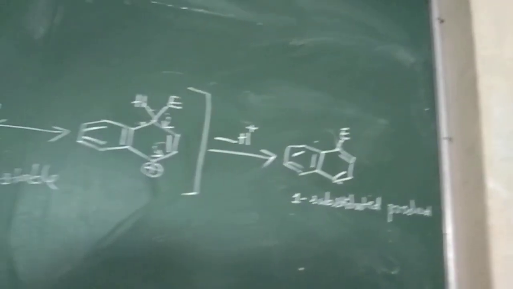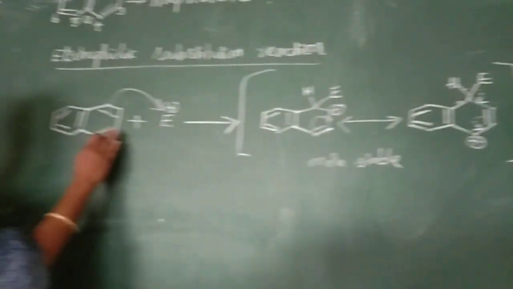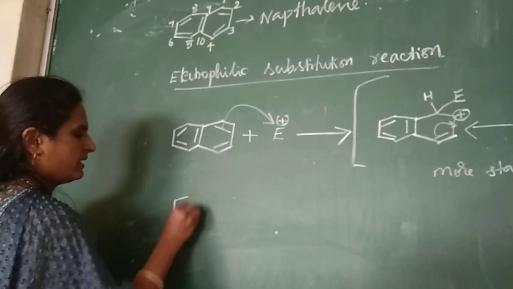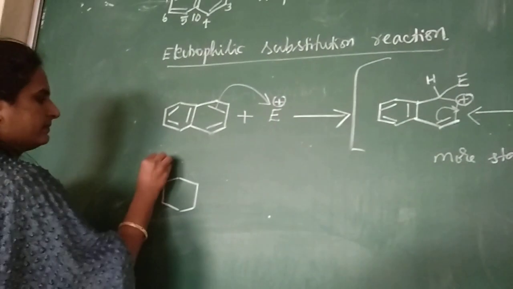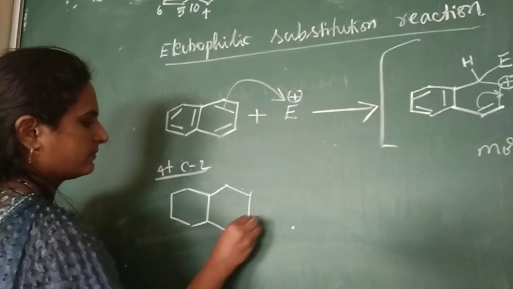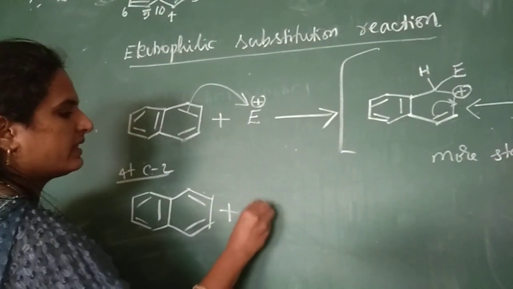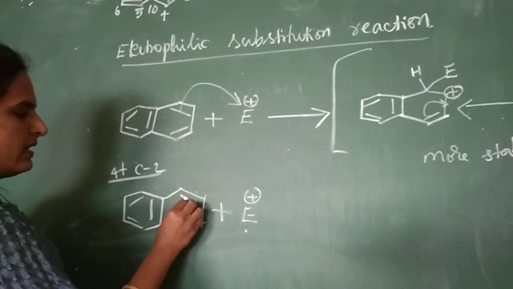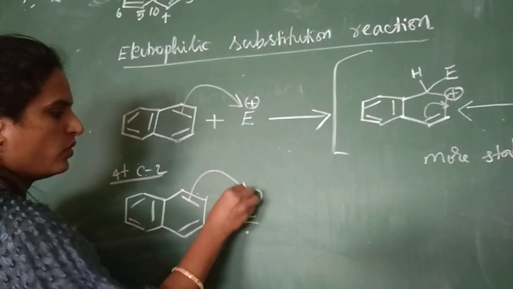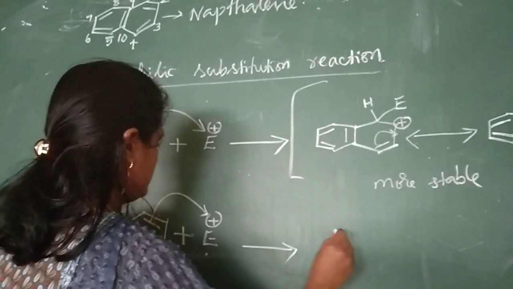Position 1 substituted product. At the second position, at C2, it reacts with the electrophile. The electron cloud moves towards the electrophile.